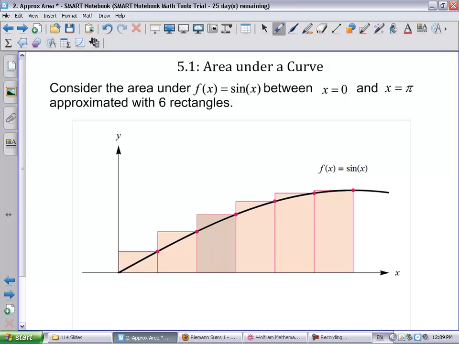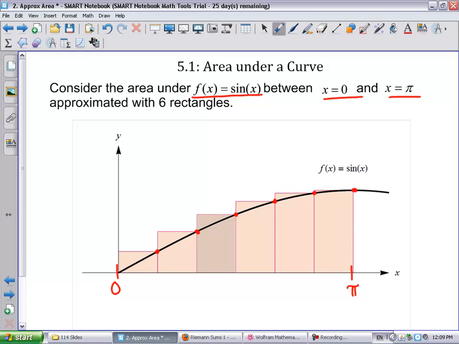So we're going to look at a specific example again, and then we'll figure out the general notation. In this example, we're looking at sine of x between 0 and pi, with 6 rectangles. So you can see I've drawn that. Once again, I've used the rightmost point to determine my heights. So here's 0, here's pi.